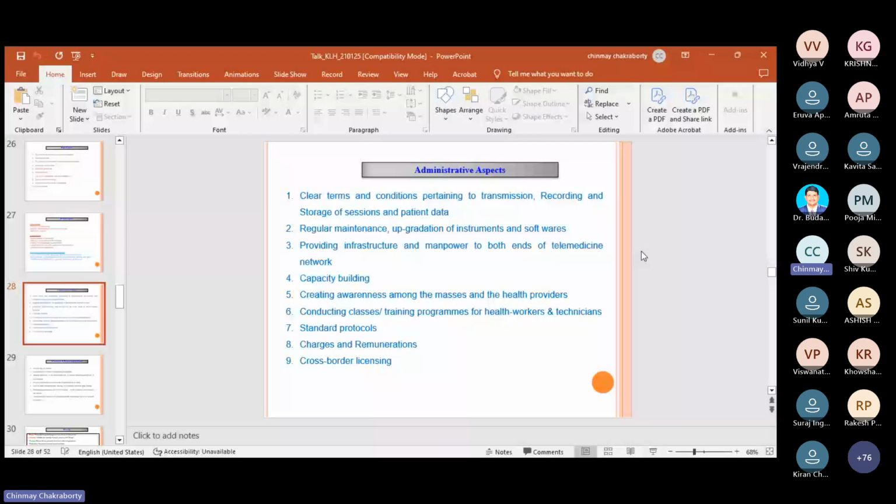This belongs under the admin aspects, then charges and remuneration and cross-border licensing. So these are the important points.